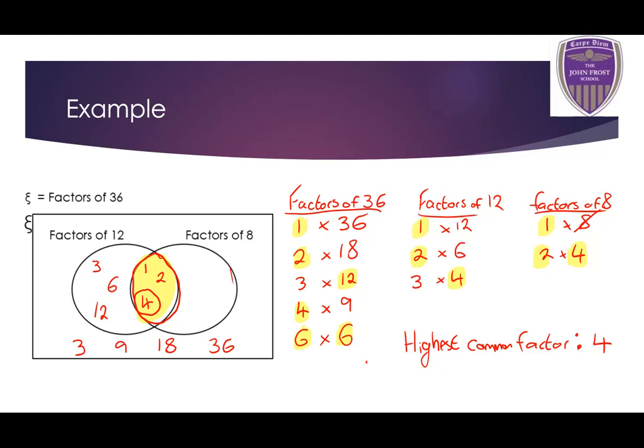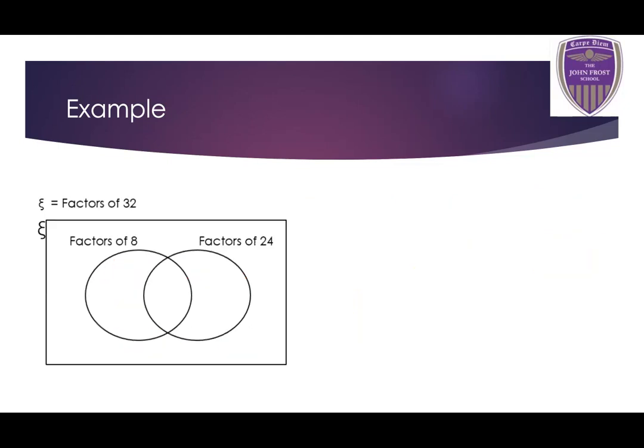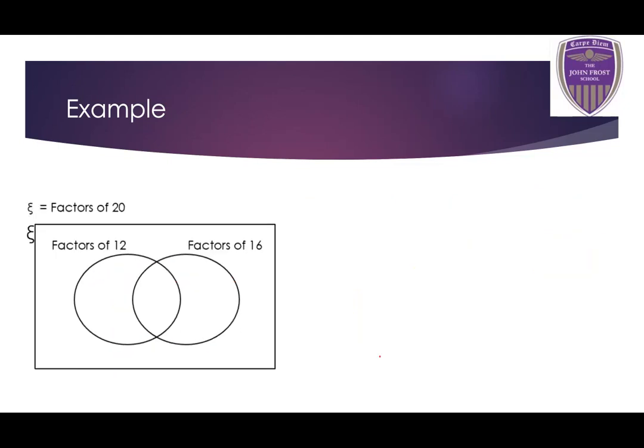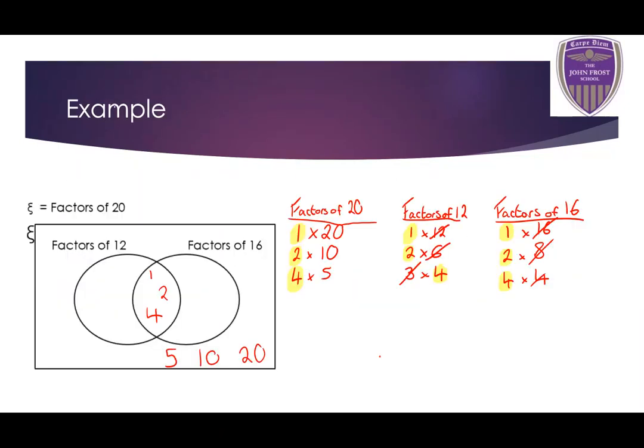Okay, if we go back through the examples now, what is the highest common factor of this one? Well, the highest common factor is 4 again. Highest common factor for this one is 4, okay?